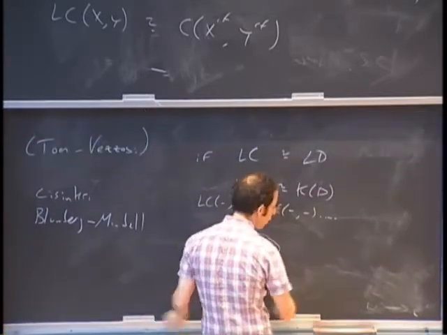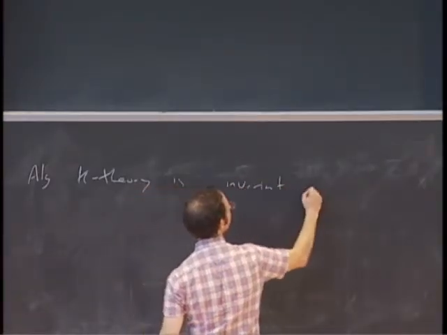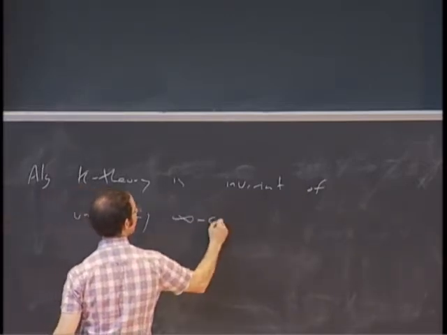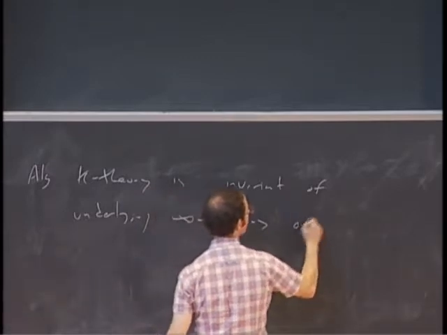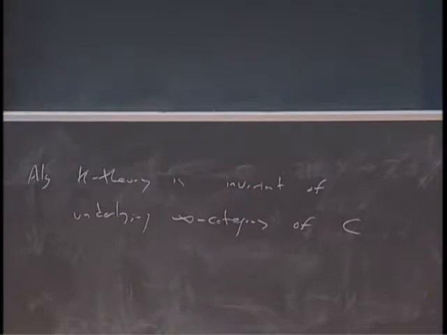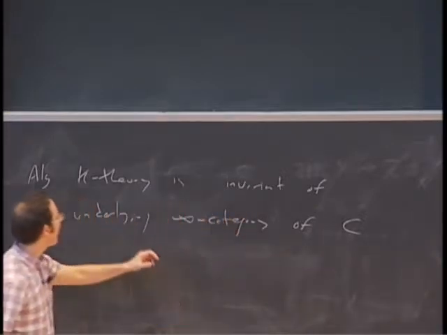And that's maybe a good segue to the next point, which is that what this is saying, the way to interpret this, I think, now, is that algebraic K-theory is an invariant of the underlying infinity category of C. Okay, and by infinity category, I'm going to mean here infinity 1 category, but I'll be sloppy about that.